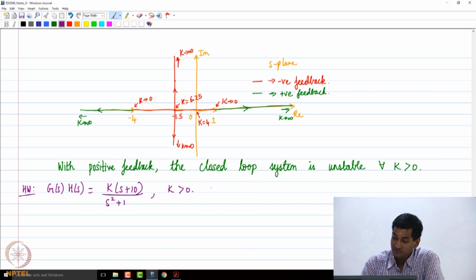Okay. So, plot the root locus in the case of positive feedback.